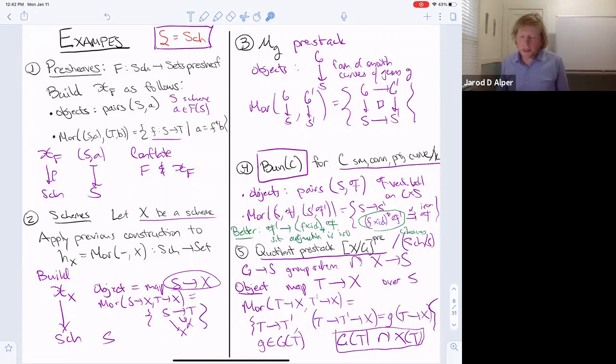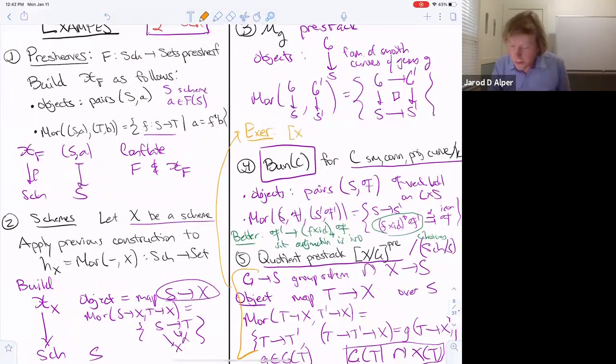Maybe it's always easier to describe what the fiber categories are. Let me highlight that here. If we go up here, maybe as an exercise, show that if I take X mod G prestack, and then I take the fiber category over a scheme T, that's the same as the quotient groupoid of X of T mod G of T, where this is just the quotient groupoid.